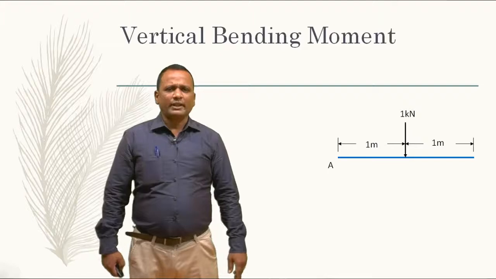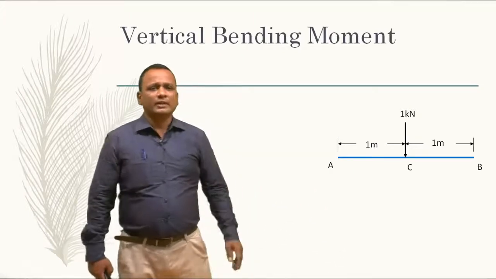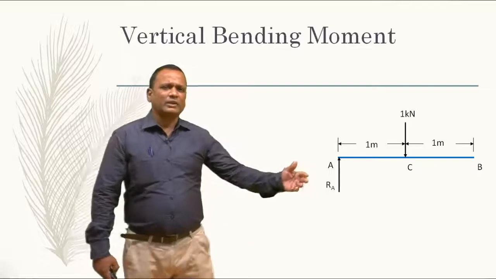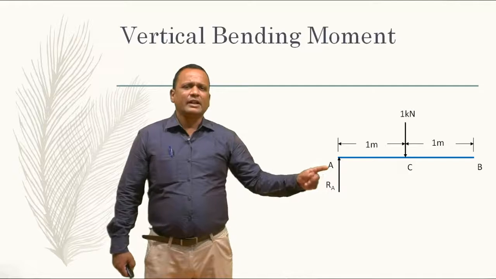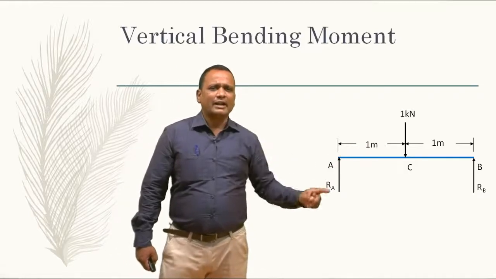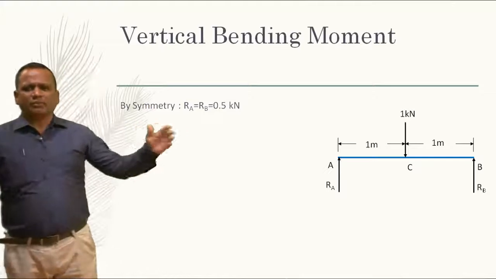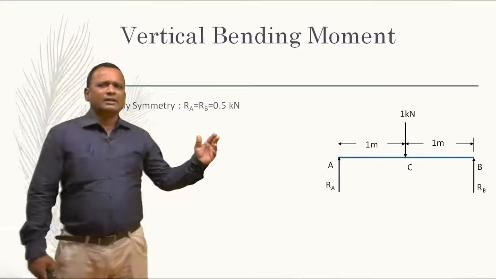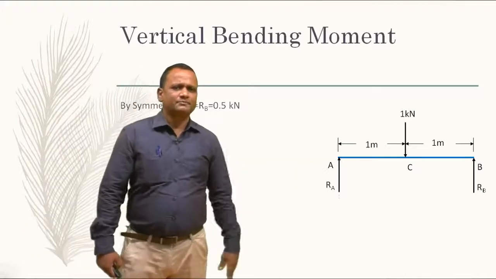This is point A, that's point B, and this is point C where the pulley has been loaded. Now, once the force is known, I will have two reaction forces, one at A and another at C, say Ra and Rb. Since the whole system is symmetric, Ra will be equal to Rb, which is equal to 0.5 kilonewton, as half of it is shared.